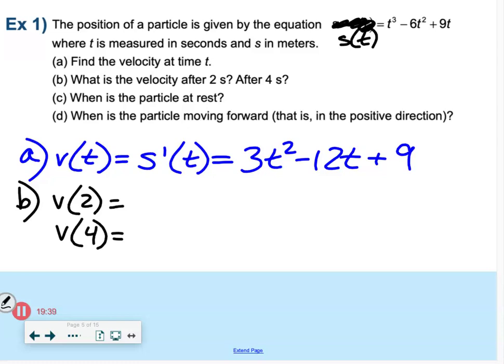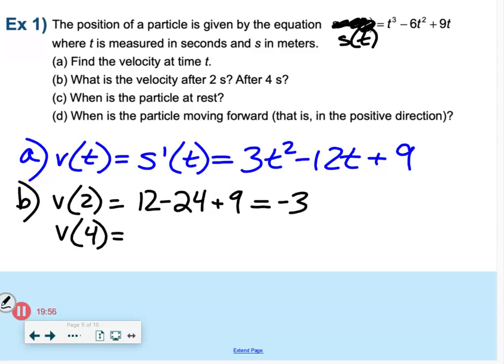All right, so v of 2, so 3 times 4 is 12 minus 24 plus 9. Technically, could I leave it like that? Yeah. First, I think I would go ahead and figure out that it's -3.